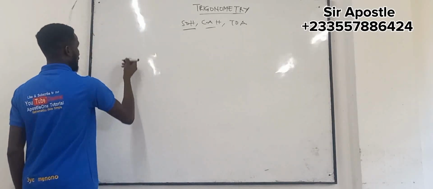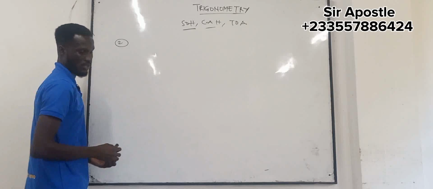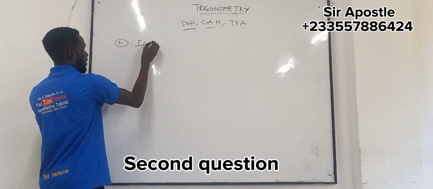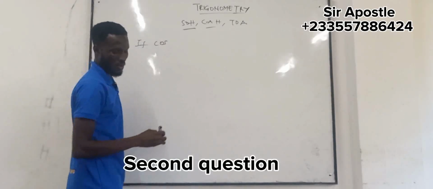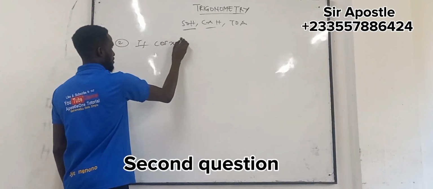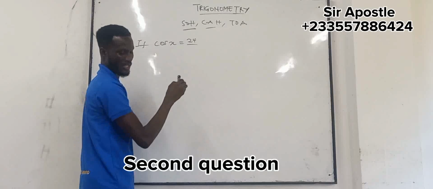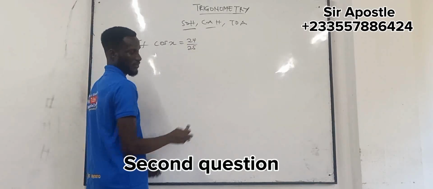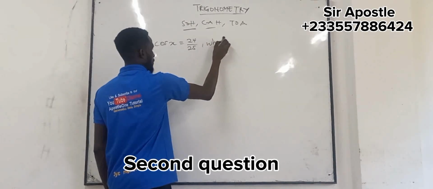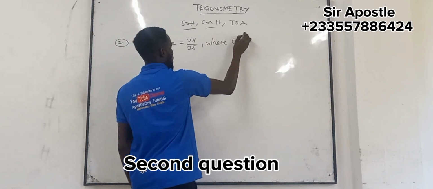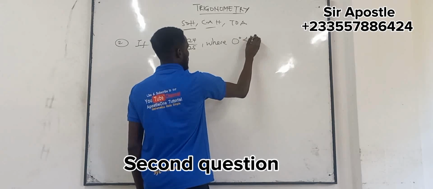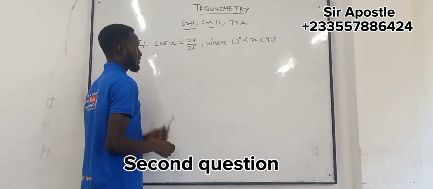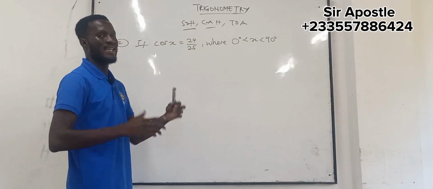Now, question 2. If cos x is equal to 24 out of 25, where the angle x is between 0 and 90 degrees, so the angle x is between 0 and 90 degrees, which is an acute angle.